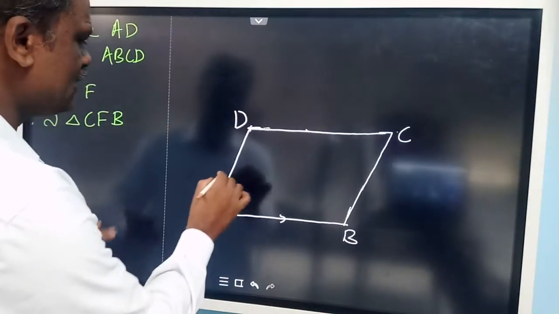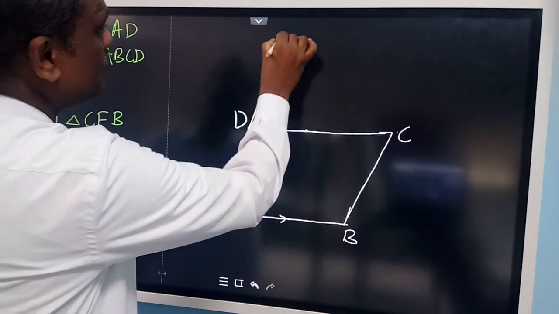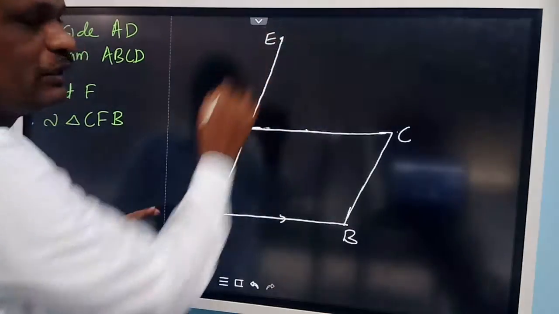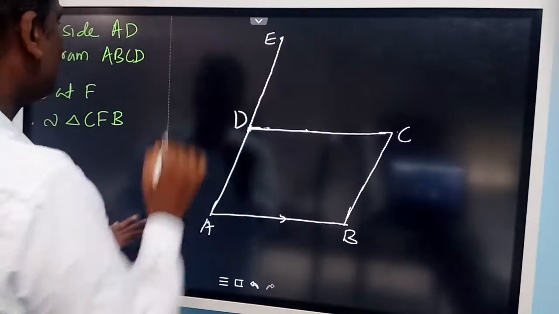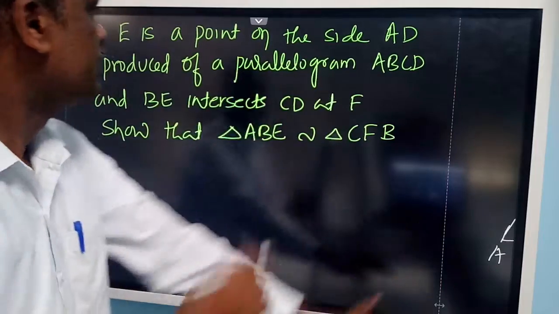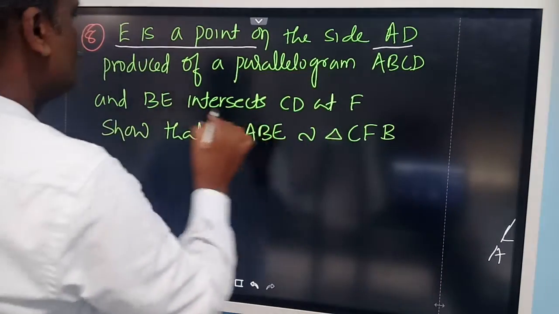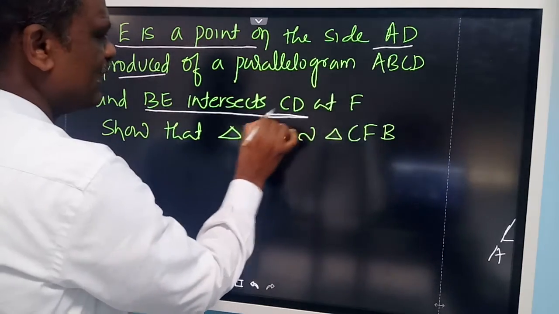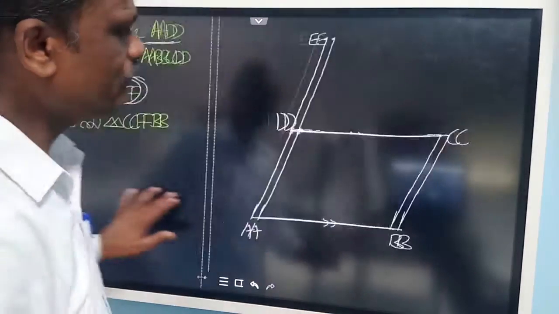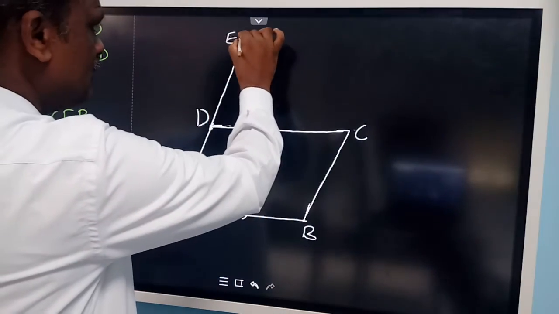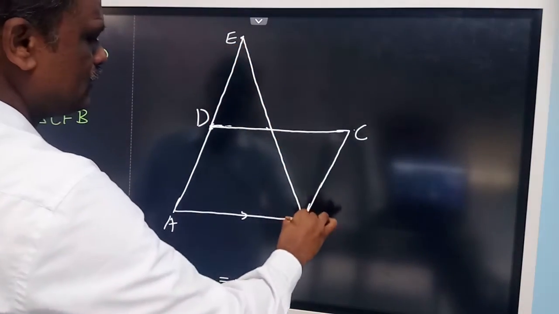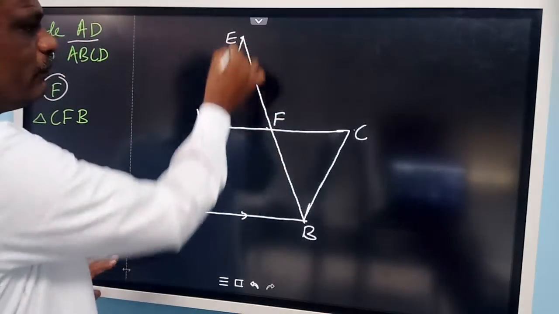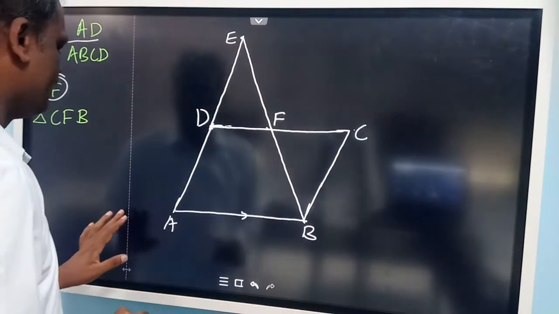Let us produce this side AD, and somewhere we will find E. We have produced the side AD, and let us take that point E. Then BE intersects CD at F. BE means from B to E. Join the line like this. So this point is F, where the line BE intersects CD.